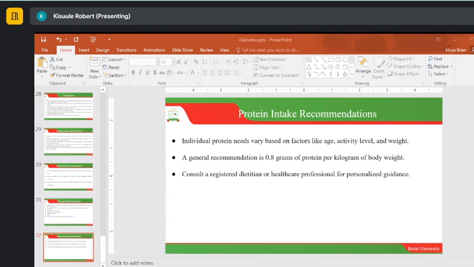Oh, so when we talk of olive oils, they are rich in monounsaturated fats. Okay. I think they have some anti-inflammatory properties, and research also suggests that they may help to improve insulin sensitivity and regulate blood sugar levels.